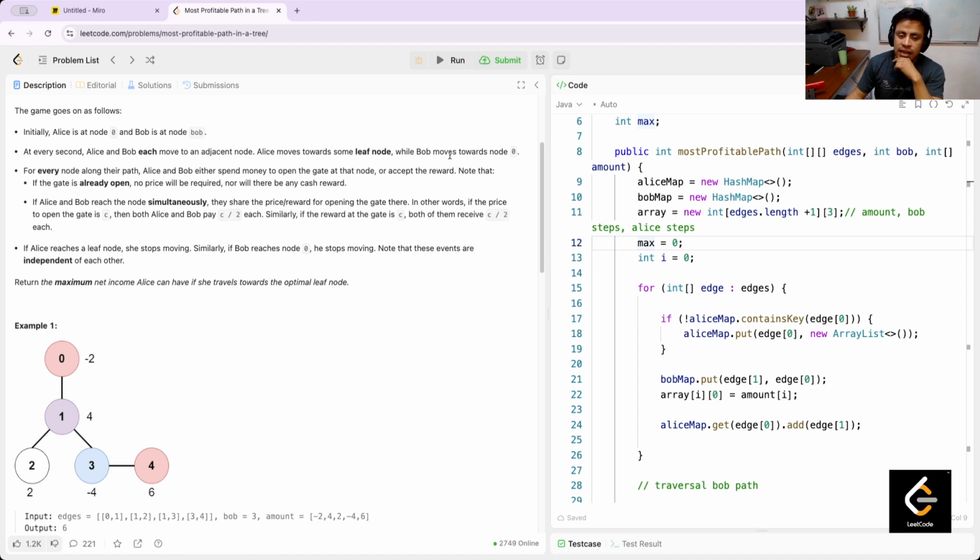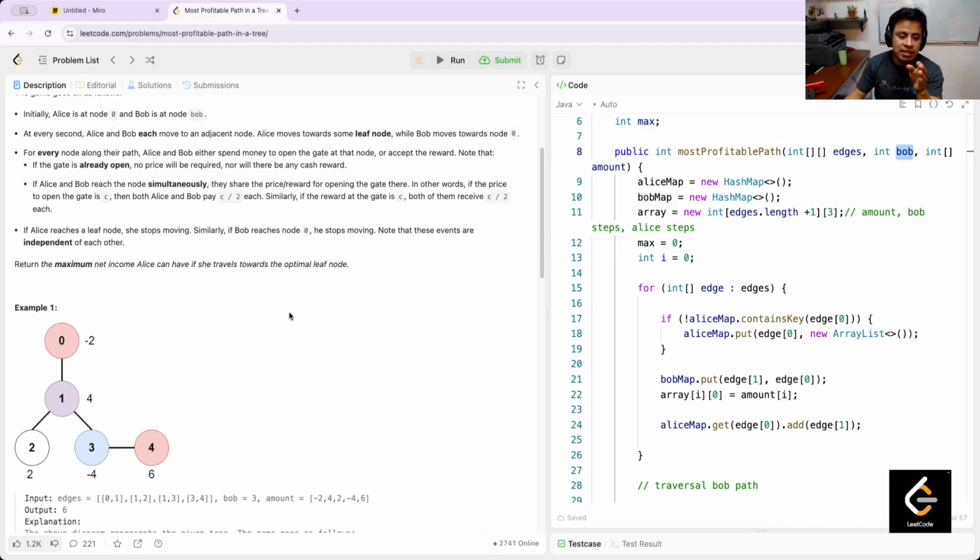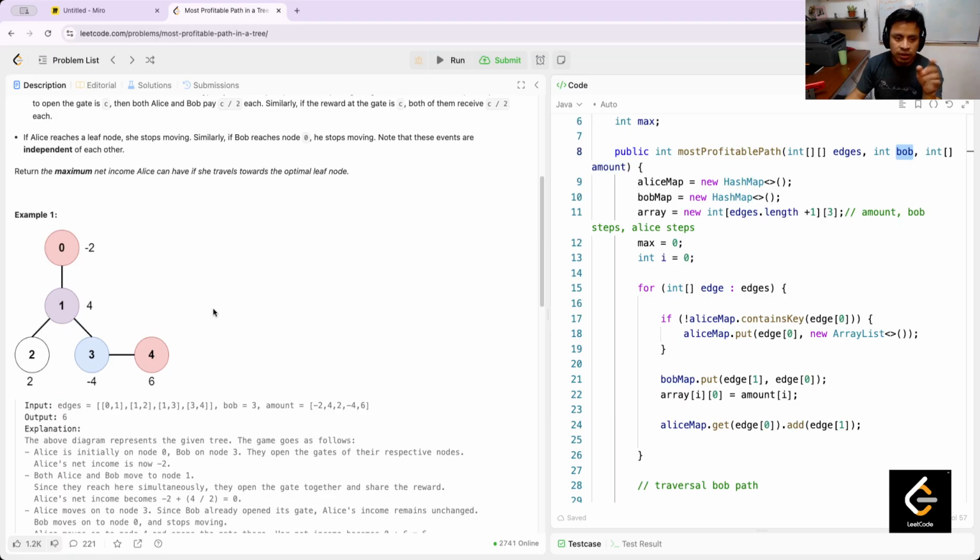And Bob starts in another, different node. For example, in this case, Bob starts here and Alice here.